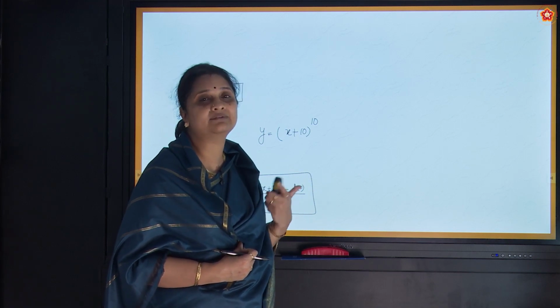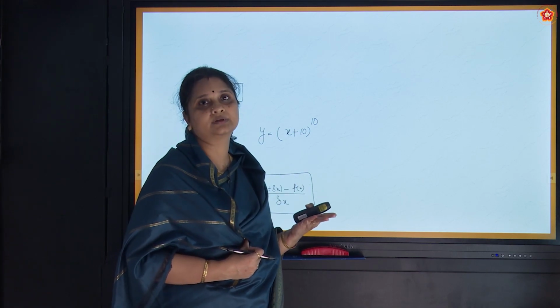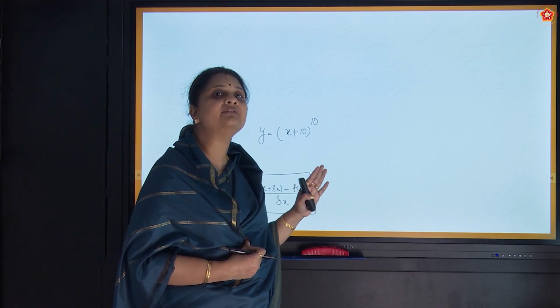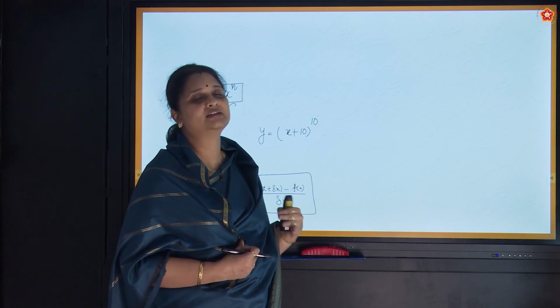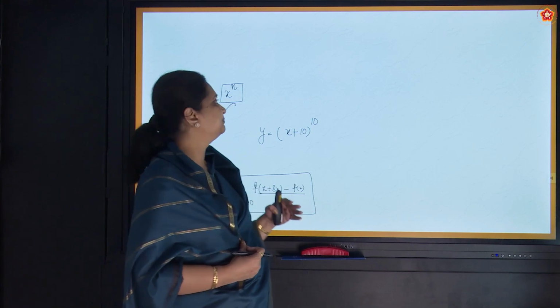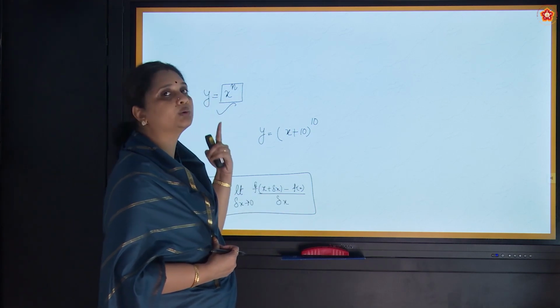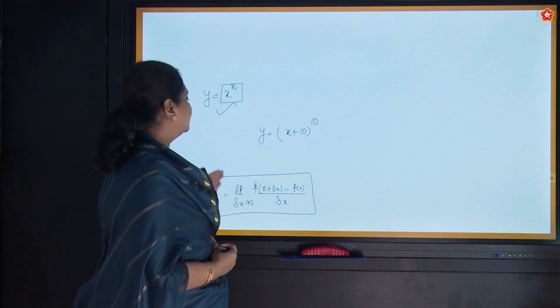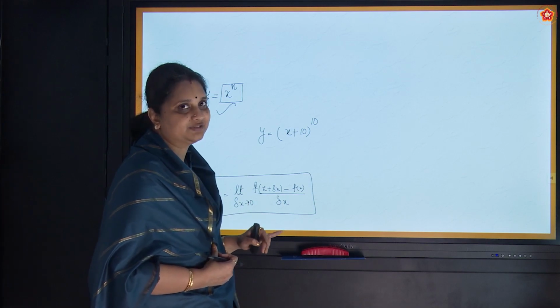So it becomes very, very difficult, and at times it's going to be impossible. So we'll have to derive a general formula to make it easy for us to differentiate every time. So take this as an assignment. Try to prove y is equal to x power n using the first principle, this formula, to find its derivative. For now, I'll give you the formula.